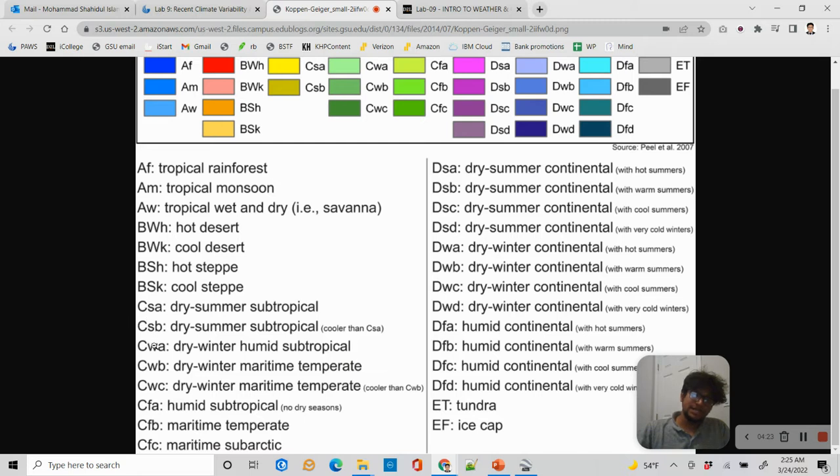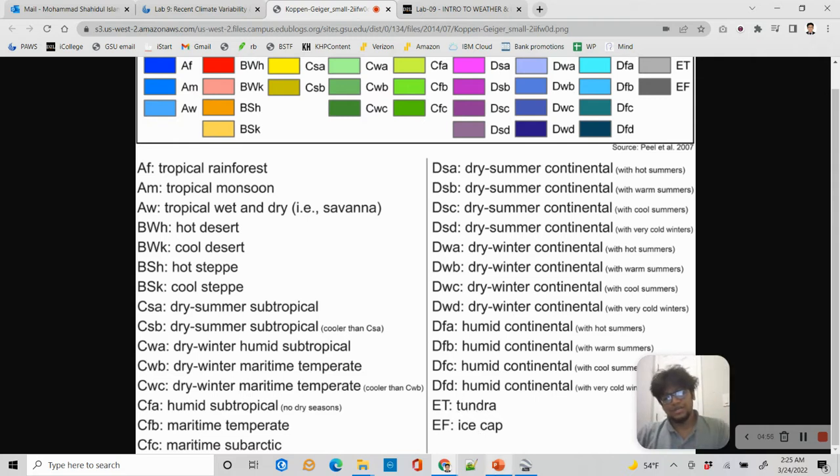Then C is talking about different types. You see the color grading: similar colors have almost similar temperature and similar biome types. Then D is actually dry. Same color grading, and then another color grading. In the end you will get to know that ET means tundra and EF means ice cap.